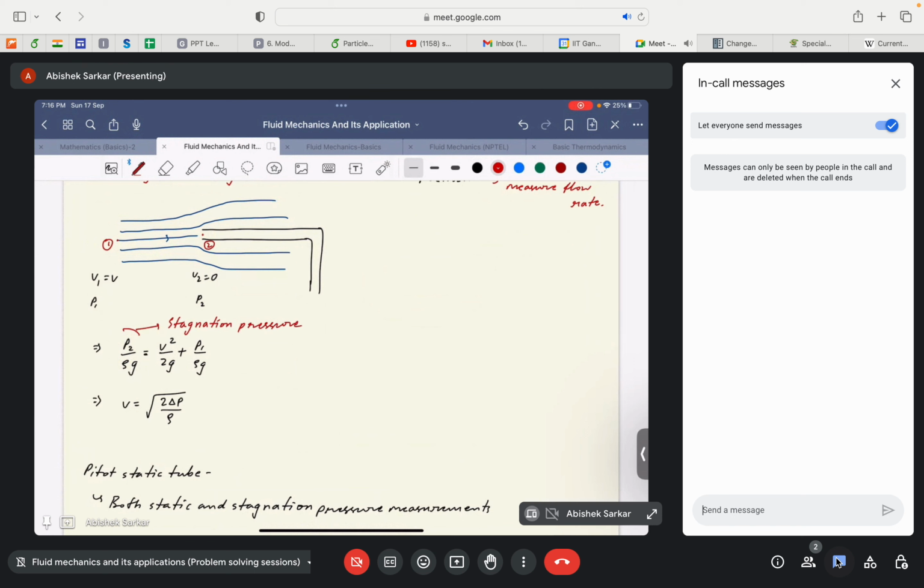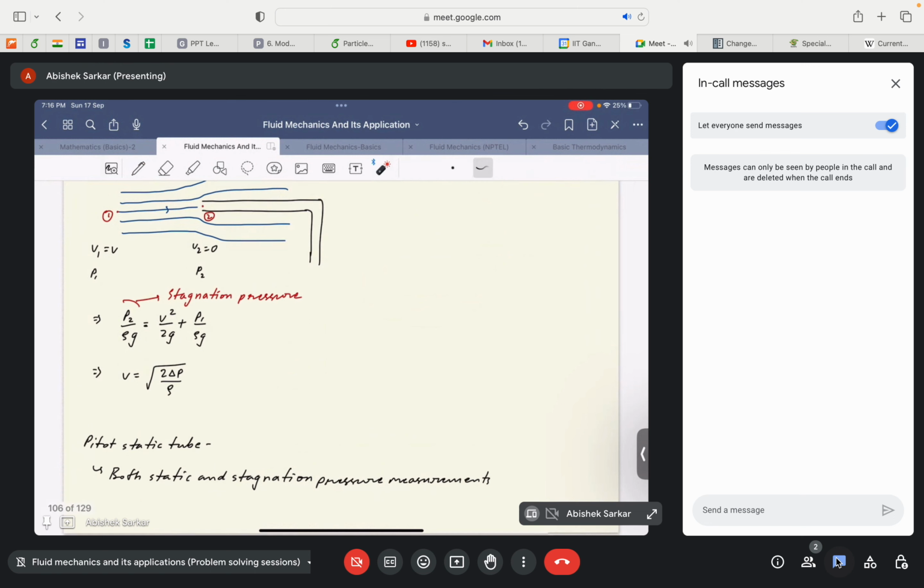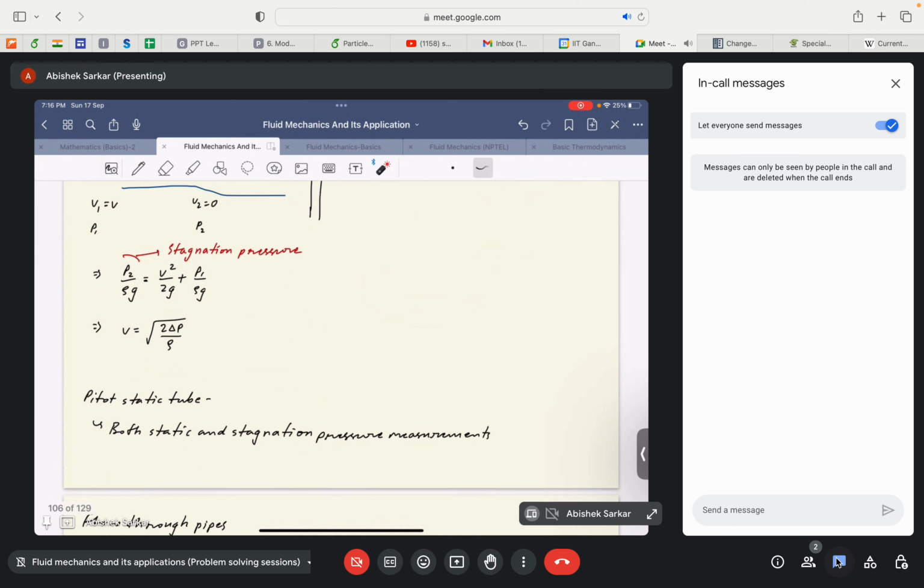Okay. So we'll just again modify the equation. We will just play with the numerators and denominators, and we can see here that V can be determined as the square root of 2 del P by rho, because rho is an already known quantity, and this pressure difference can be measured with the help of a piezometer or manometer that is fitted in the flow field.